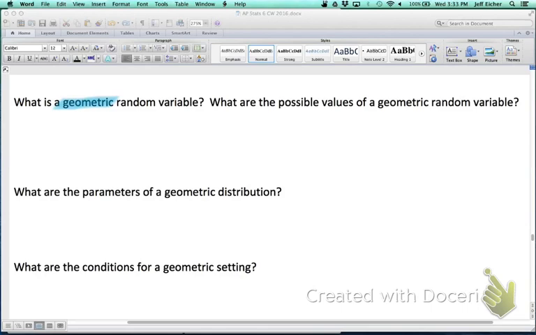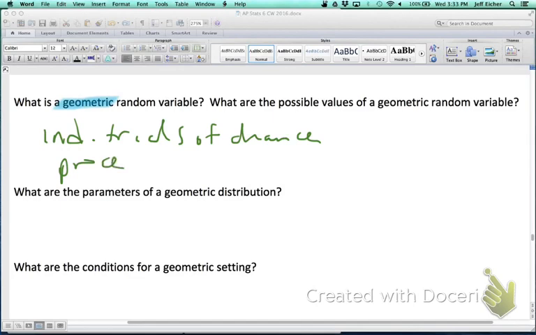So what is a geometric random variable? Well, a geometric setting occurs when we have independent trials of some chance process, my handwriting's even worse on the iPad, and we're recording the number of trials it takes until we get a success.